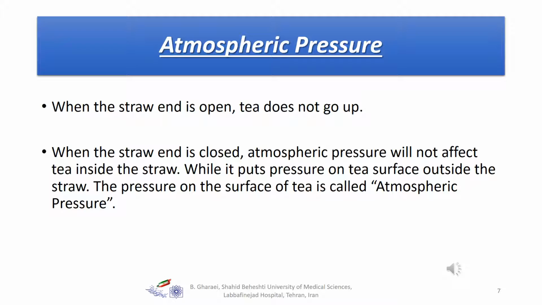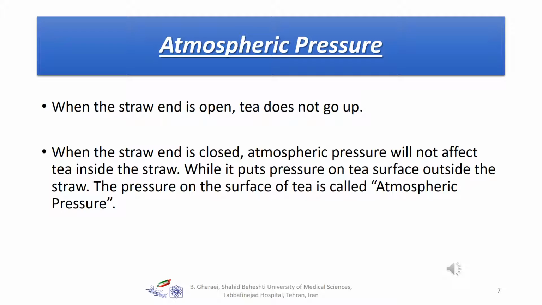As you saw in the previous slide, in the film it was shown that when the straw end is open, tea doesn't go up, the level doesn't change. But when the straw end is closed, atmospheric pressure will not affect the tea inside the straw while it puts pressure on the tea surface outside the straw.